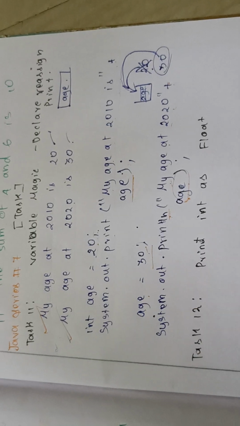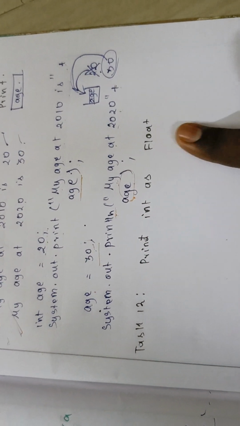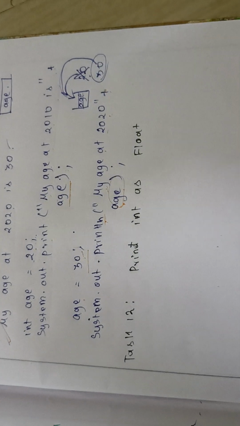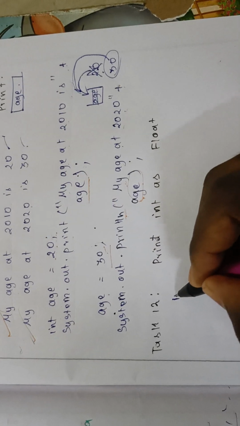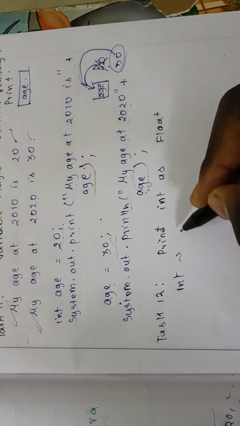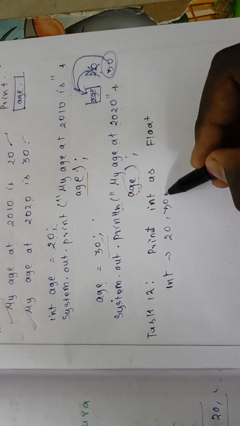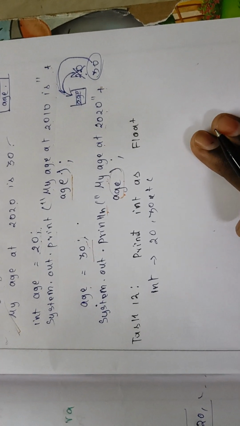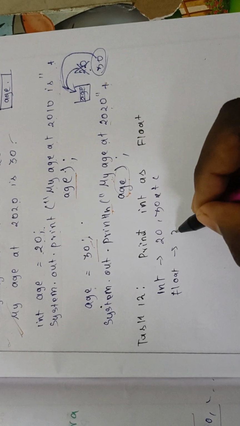Okay, let's see our task 12: you have to print int to float. For example, you know what is int? Int means any number, for example, 20, 30, etc. without a decimal. Float means it has a decimal point.